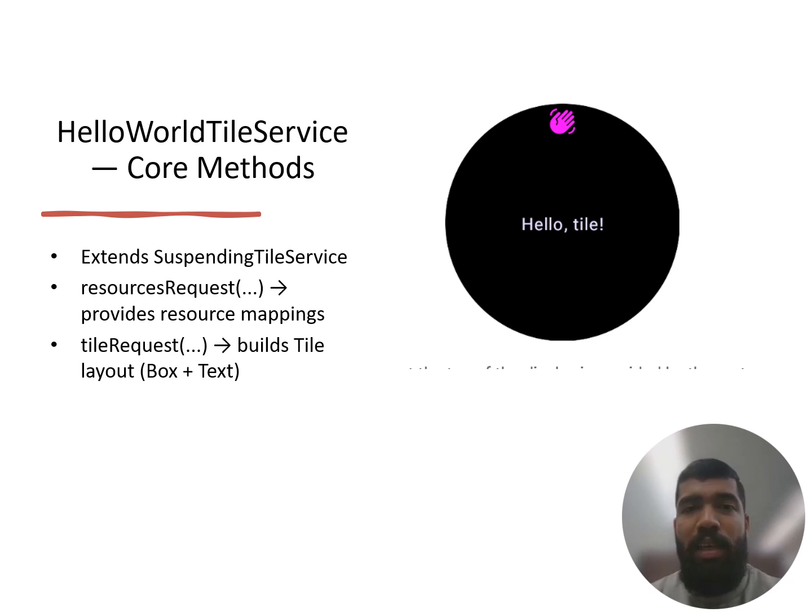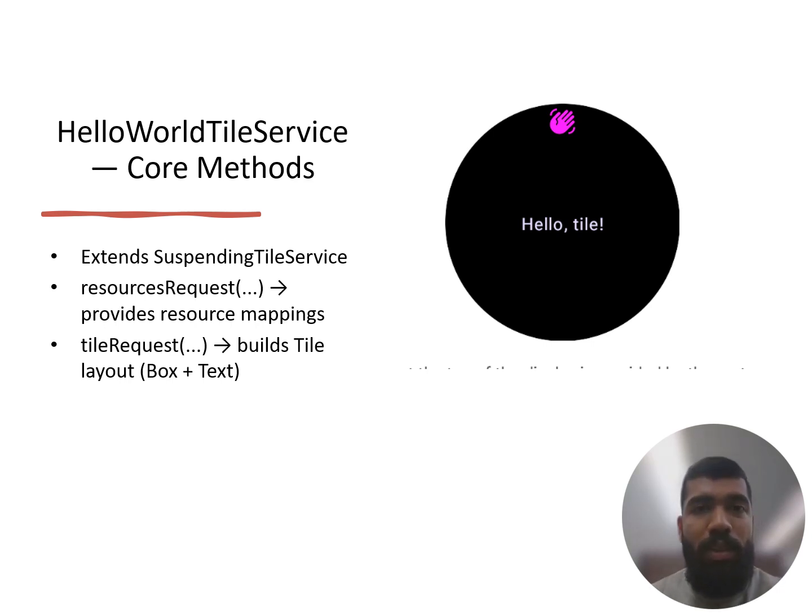The Hello World tile service extends SuspendingTileService. It overrides the tile request and returns a tile that renders the hello tile inside a box layout. It also has a resources request method to map IDs to images or strings, if needed. So that's basically what the hello tile does.